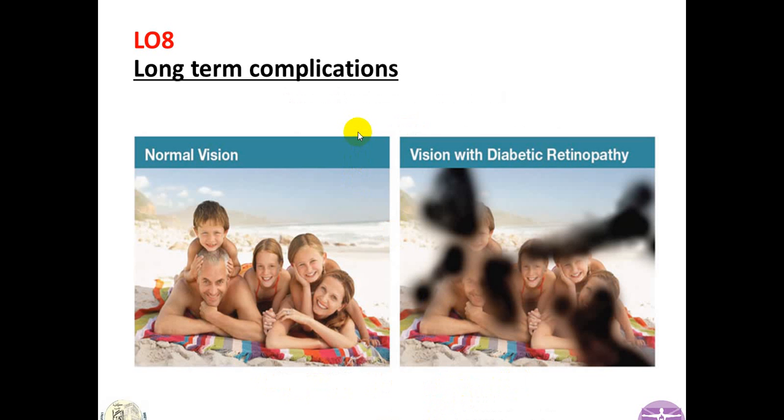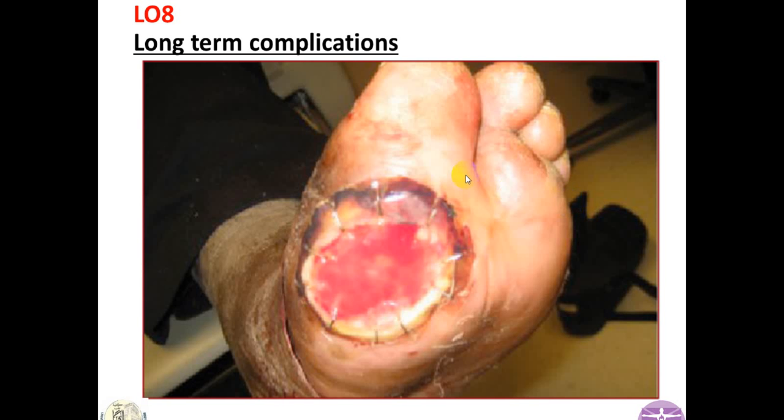Here is a picture comparing a healthy individual on your left-hand side. This is how we see pictures, but look at the right. This is how a patient with diabetic retinopathy sees the picture. It's very miserable. And this is the diabetic foot with a characteristic big diabetic foot ulcer.